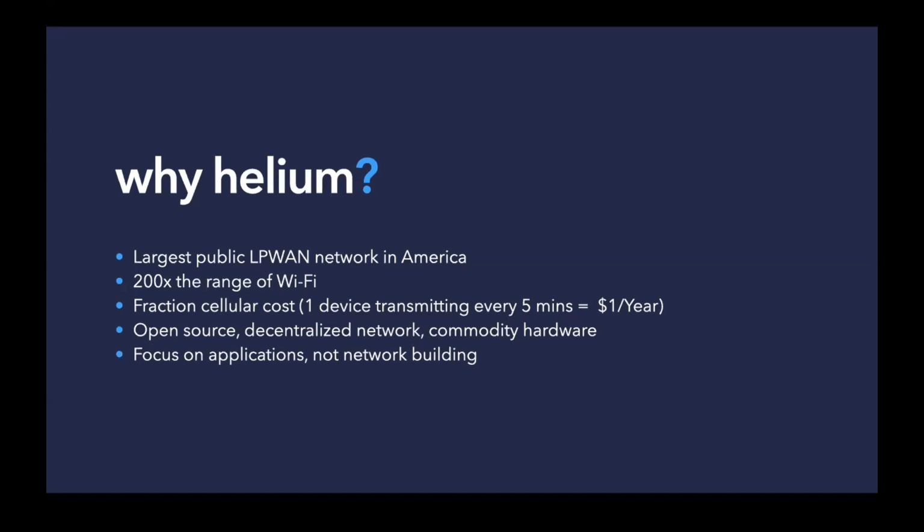We started out with this new type of network that is now the largest public LPWAN network in the US. We only started shipping our hotspots nationwide actually mid-October. We started selling earlier, but nationwide shipping was only in mid-October, and we've already been able to create this huge network.